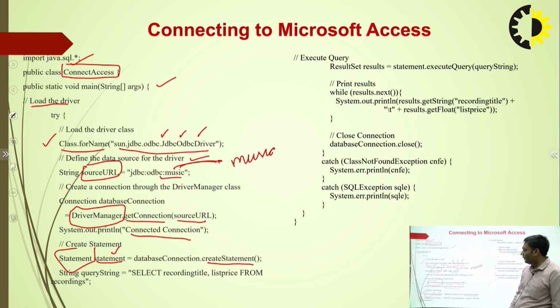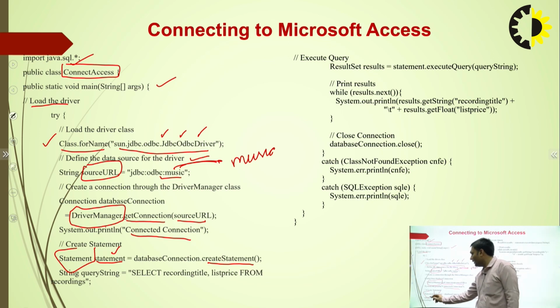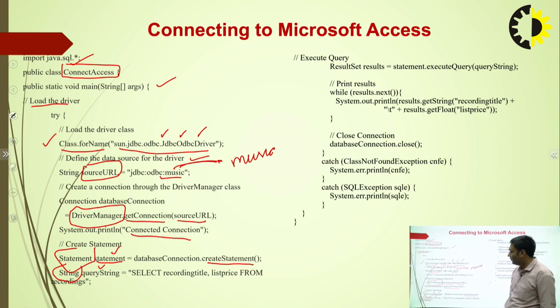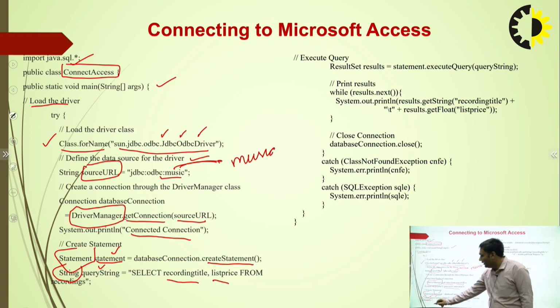Now you are going to create the query, and you can keep it in a string. So I take String as a data type, and the object of the string is queryString. You can give any name to this one. I just want to select the recording title and list price, the two attributes that are stored inside the recording table.